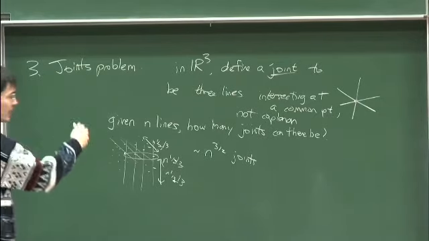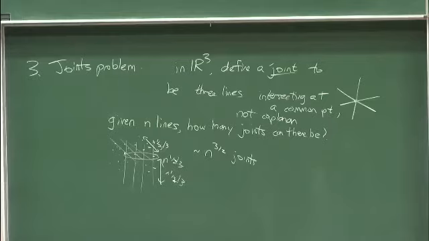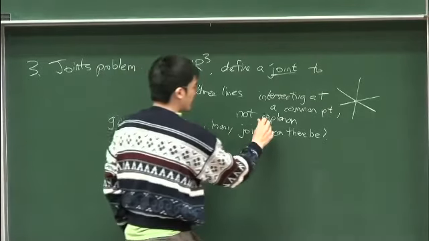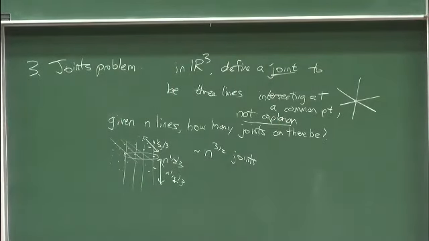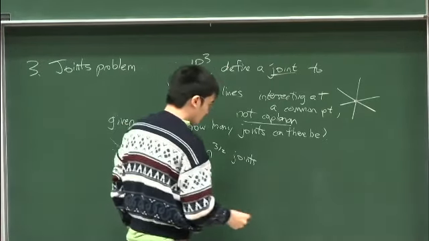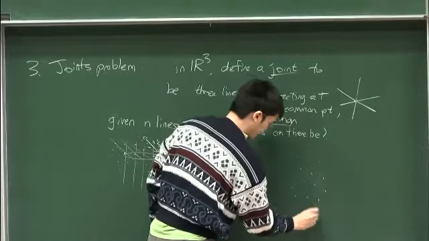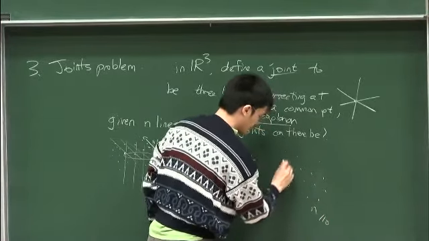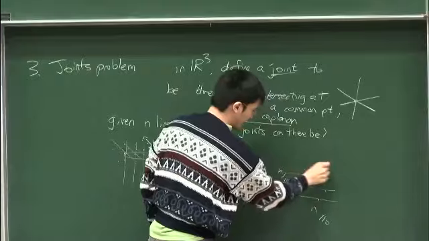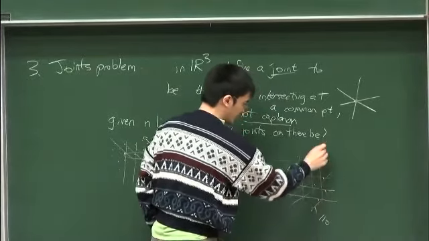Again, this question actually has Euclidean analogs that are quite interesting as well, which I won't discuss here. The fact that you have this non-degeneracy assumption is important. If you allow lines to be coplanar, then you can have a lot more joints. So I could take an n over 10 by n over 10 grid in the plane, and then I can have n over 10 lines going this way, n over 10 lines going this way, and say n over 10 lines in the diagonal direction.